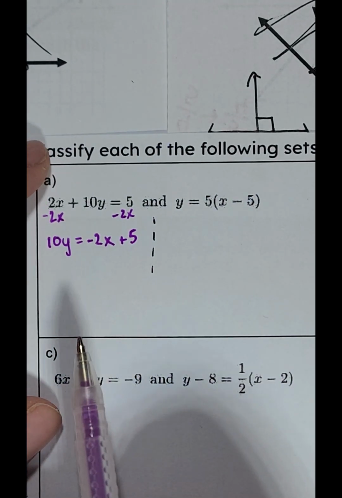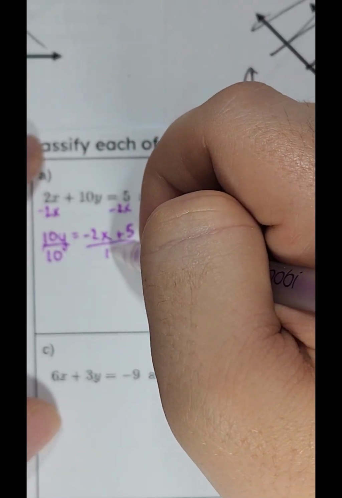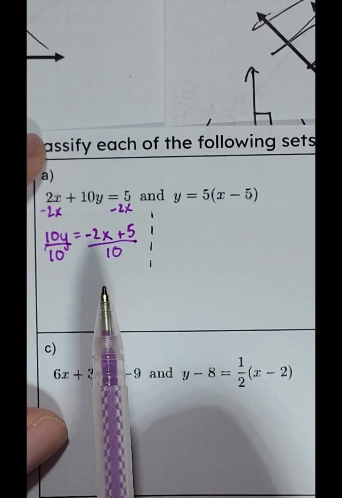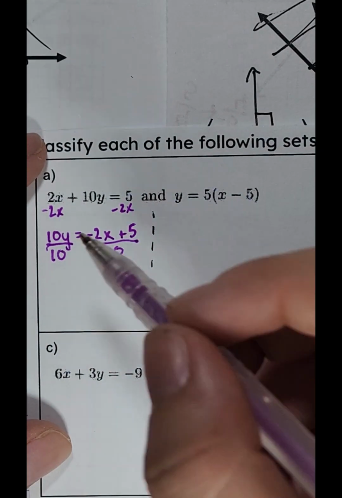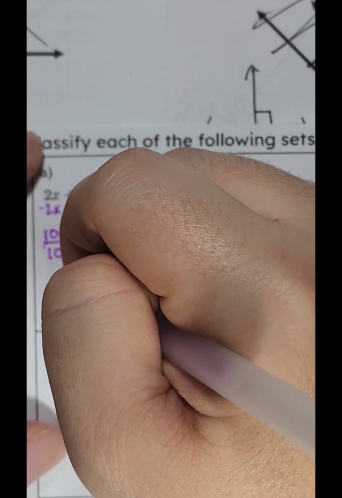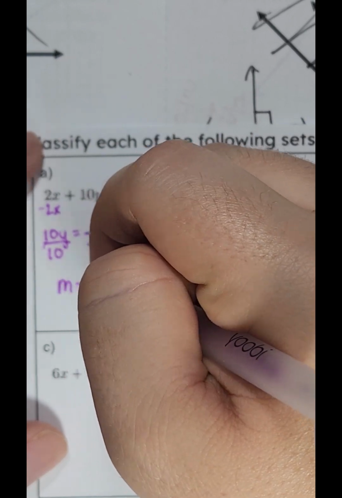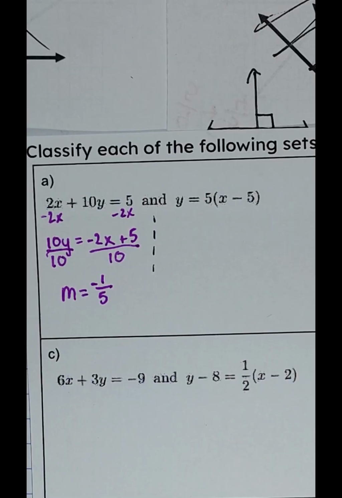To get y by itself, we're going to divide both sides by 10. And slope is going to be the value in front of our x-coordinate, which is negative 2 over 10. And that does actually reduce. Negative 2 over 10 is the same as negative 1 over 5. So our slope is negative 1 over 5.